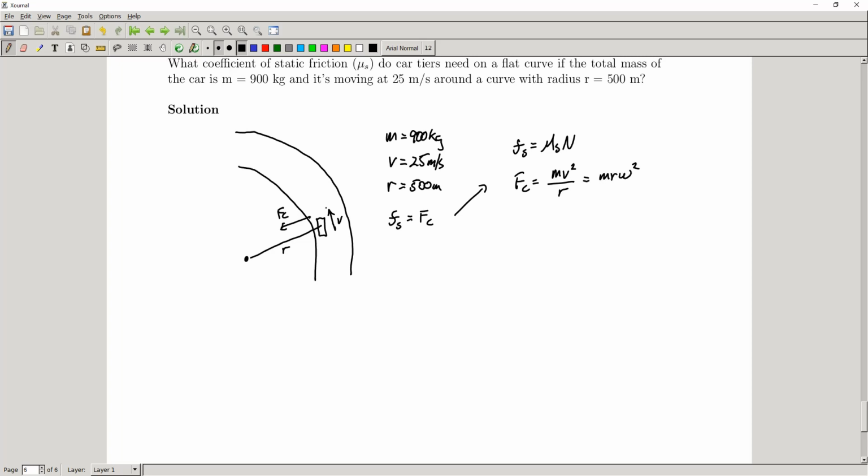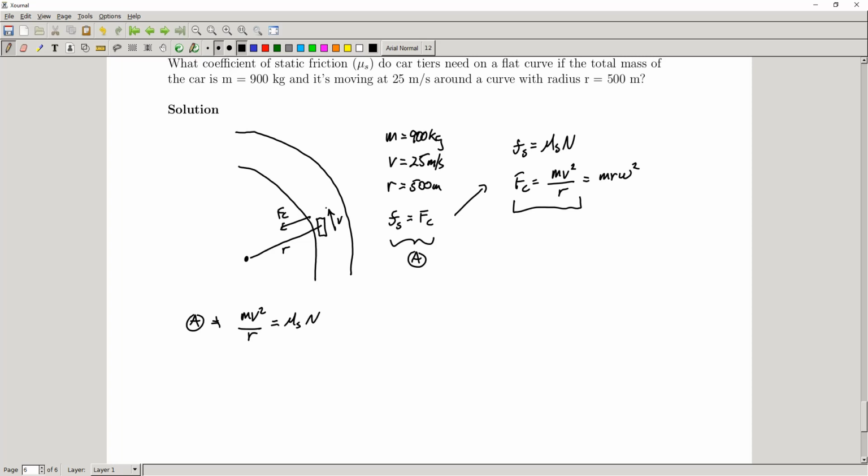But because we have v, we're going to want to use this version, right? And so from this equation, we'll call this A, A implies that mv squared over r is equal to mu s N.